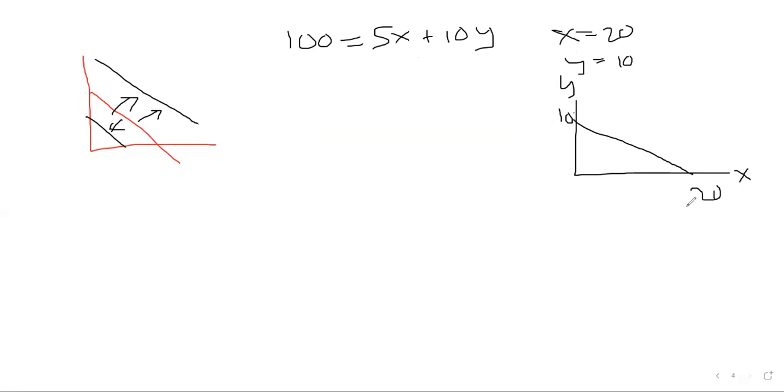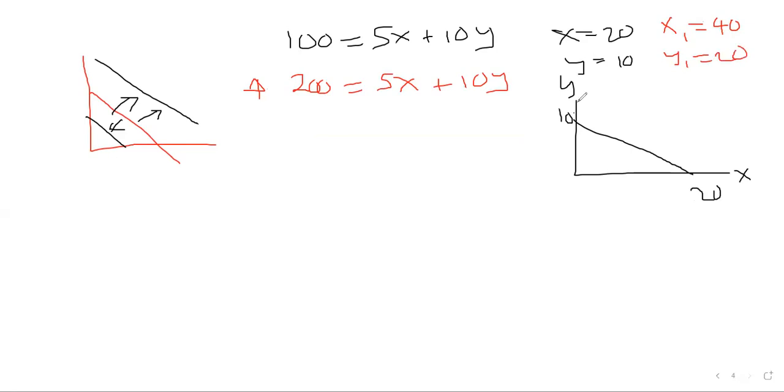In the instance where we double the income, so instead of 100 we have 200, leaving the others the same, what will happen? 200 divided by 5, our X will be 40. 200 divided by 10, our Y will be 20.